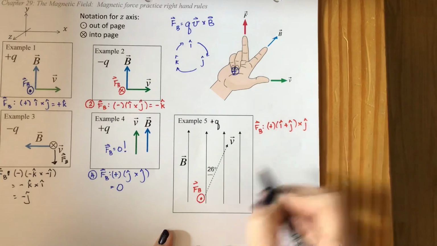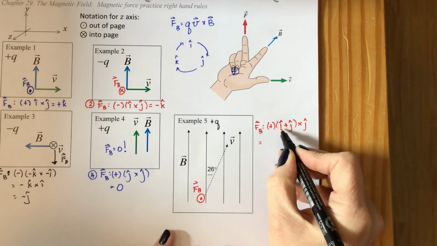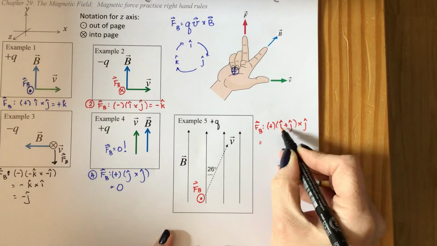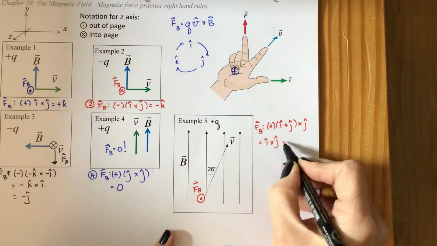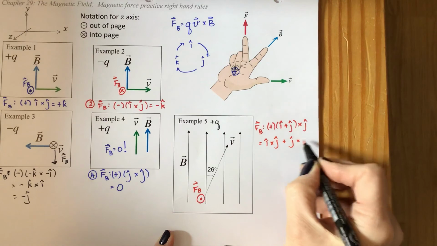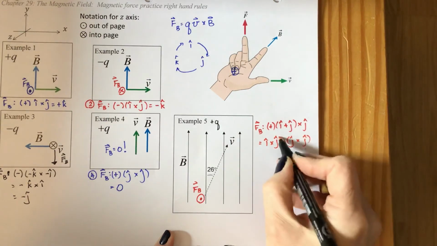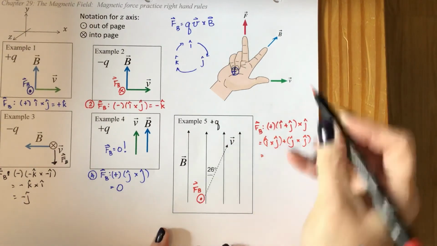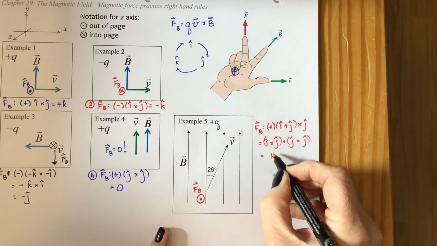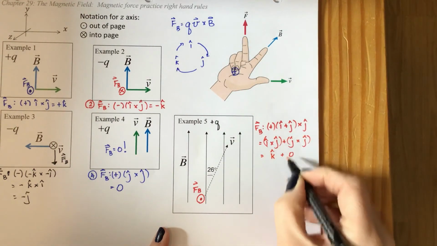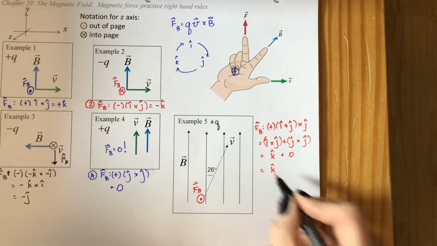So if we want to multiply this out with the distributive property, this gives us I cross J plus J cross J. Put brackets around those so we can see it a little better. I cross J goes the right way around the circle, gives us K hat, plus J cross J, which is 0, gives us K hat. So the direction, according to the math and the right-hand rule, is out of the page.